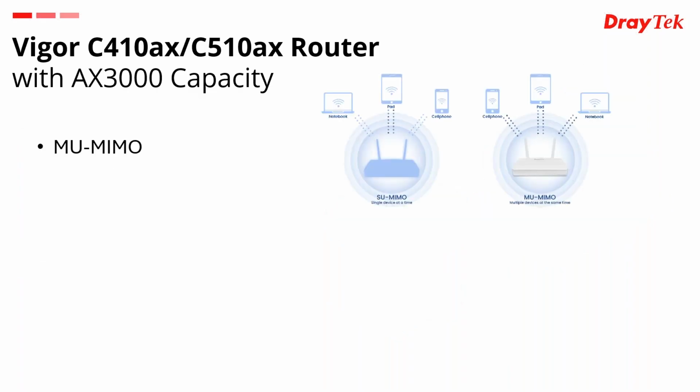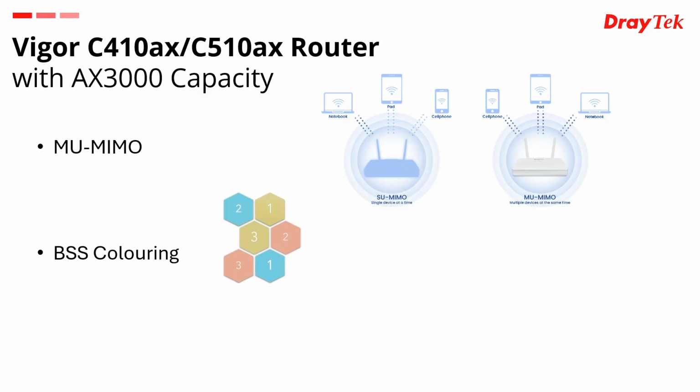What comes with AX is the multi-MIMO, so we can have multiple devices connected. This basically serves users simultaneously, and it increases the capacity and results in higher speed per user.